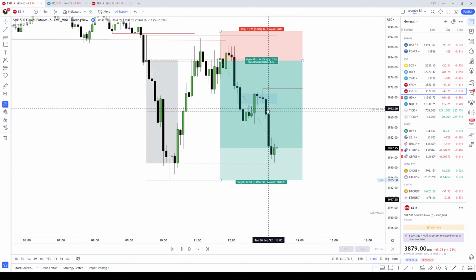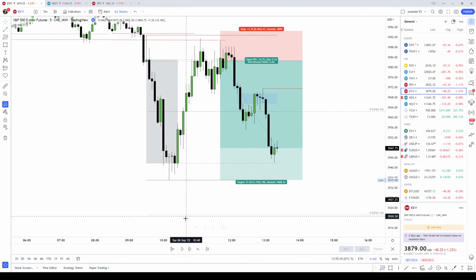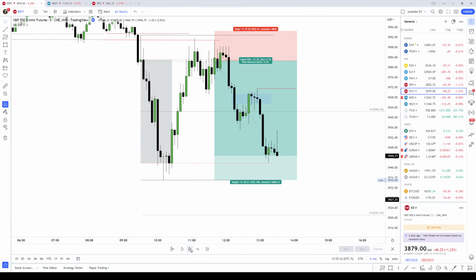I'm sometimes a little bit stupid with my stops and my targets, but it's been paying me for years, so I'm fine with that. But moving your stop over to this level would be completely correct. So you understand? Okay. So let's see how this turns out.